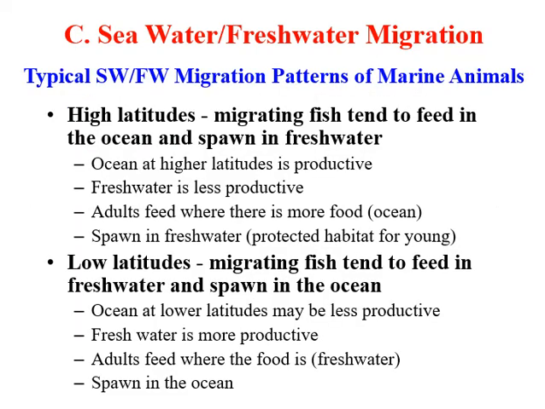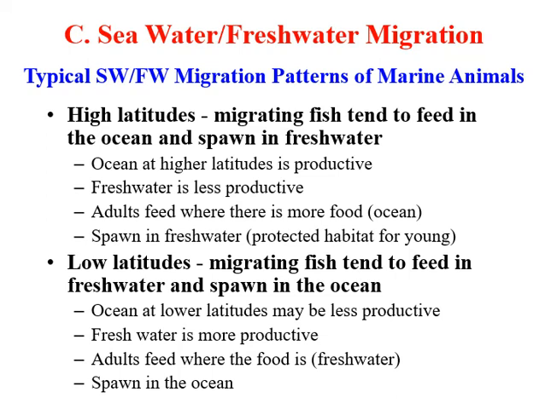So some major patterns, general patterns anyway. If you're looking at higher latitudes, then what you tend to find in colder water is that the fish spend more of the time in the ocean, more productive waters, and then they migrate into freshwater to spawn. That's typically what you find at higher latitudes, both in the north and the south, away from the equator.